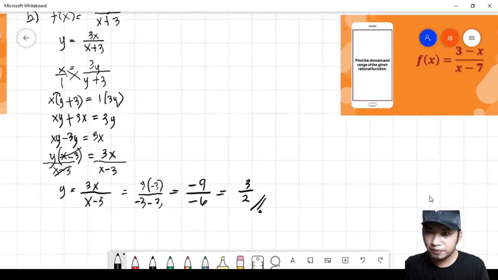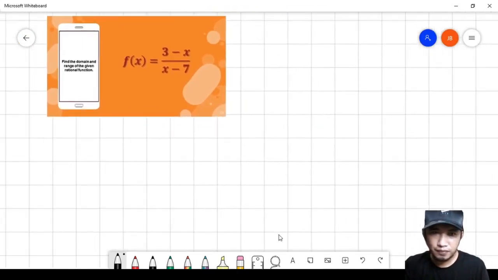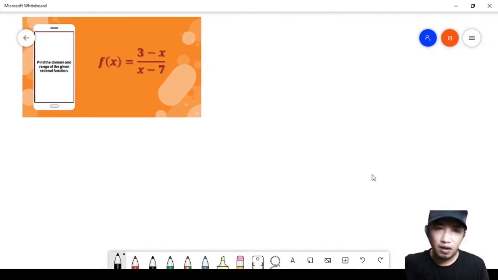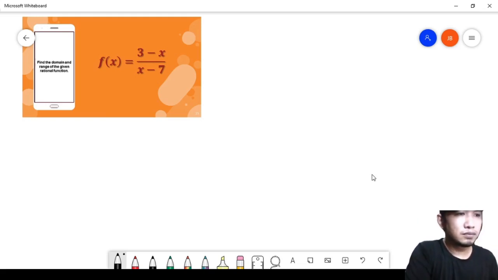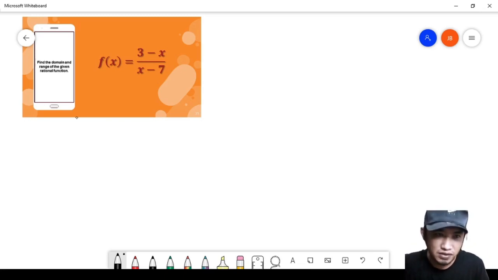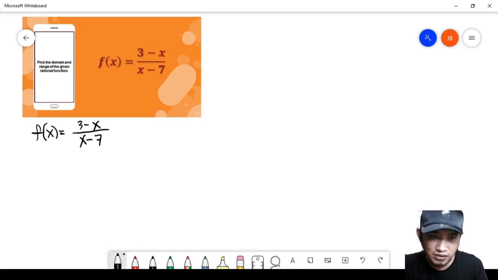Okay, another. Okay, find the domain of f of x is equal to 3 minus x all over x minus 7. Alright. So, first things first is to copy the function f of x is equal to 3 minus x all over x minus 7.